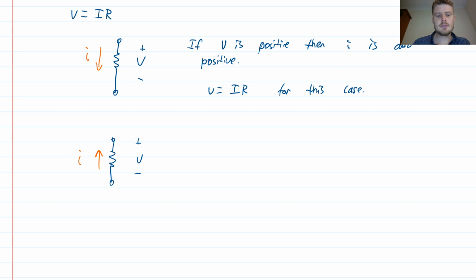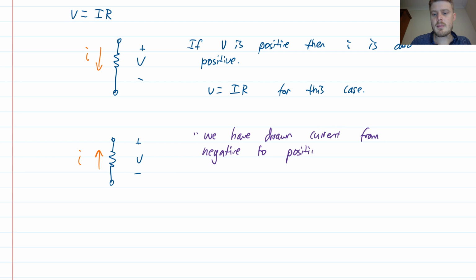Here we have drawn current as flowing from negative to positive. But you think to yourself, that's not what current does. Current doesn't work like that. Current goes the other way.